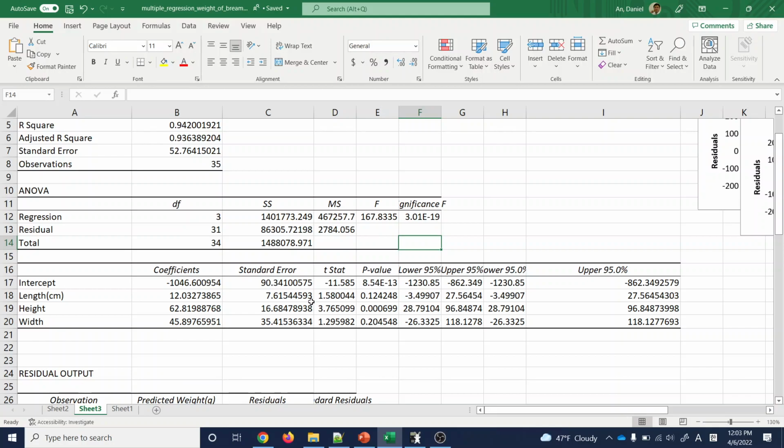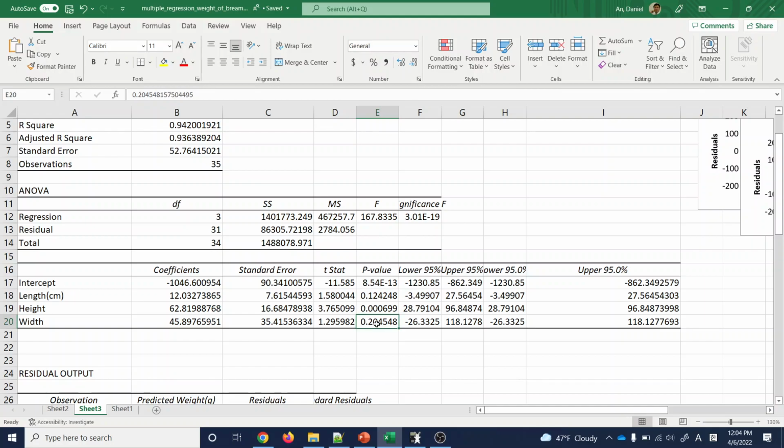Now let's talk about the standard error and t-stat. Each of these values also has a p-value, and here you see that height alone is very significant, but 0.12 and 0.2 are both above 0.05.